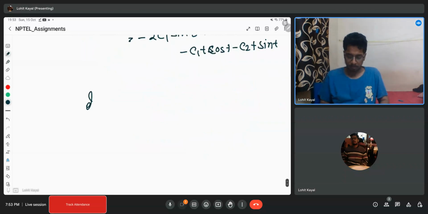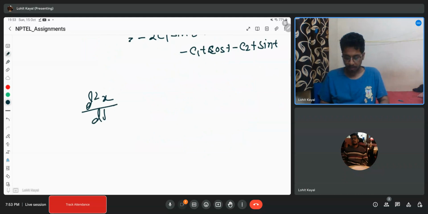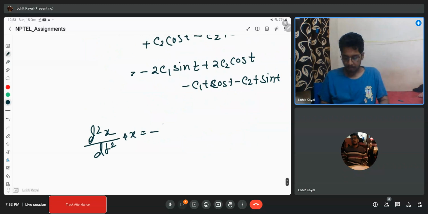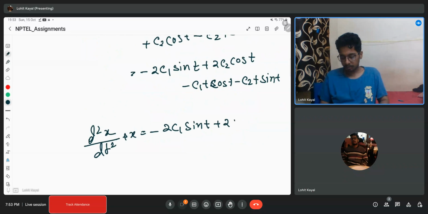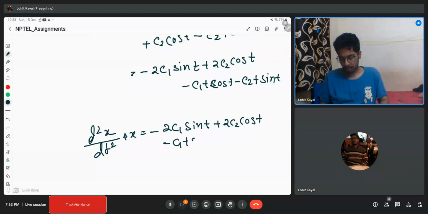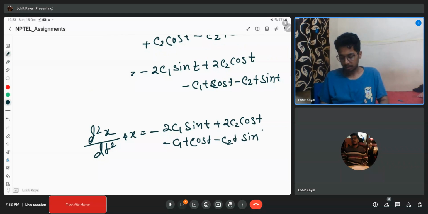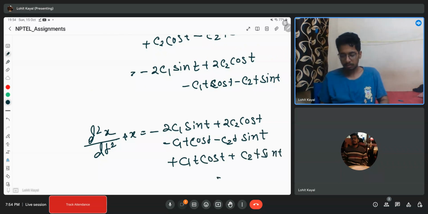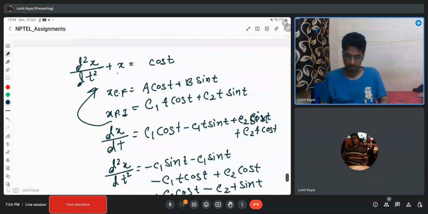So d²x/dt² plus x will be equal to minus 2c1 sin t plus 2c2 cos t minus c1 t cos t minus c2 t sin t plus, coming from x, c1 t cos t plus c2 t sin t, is equal to cos t.